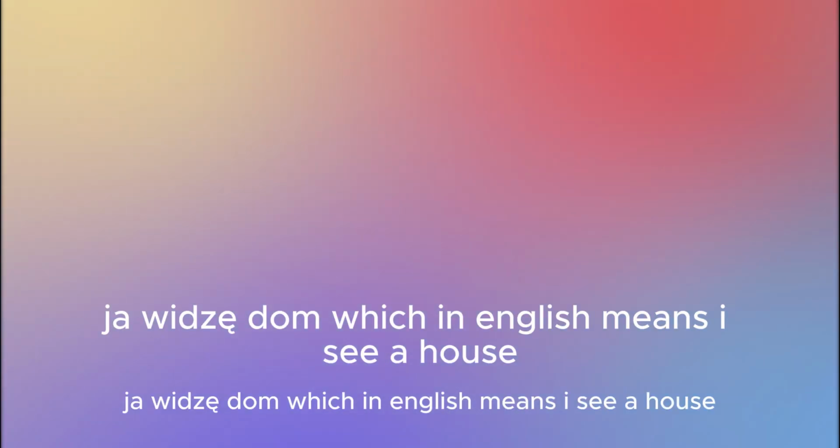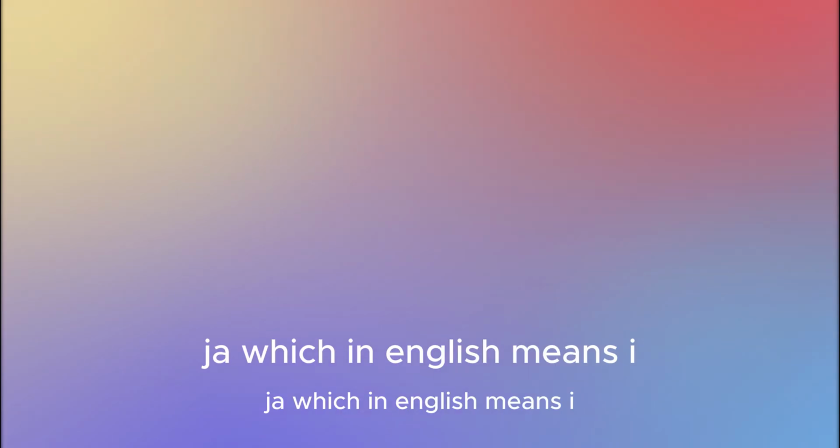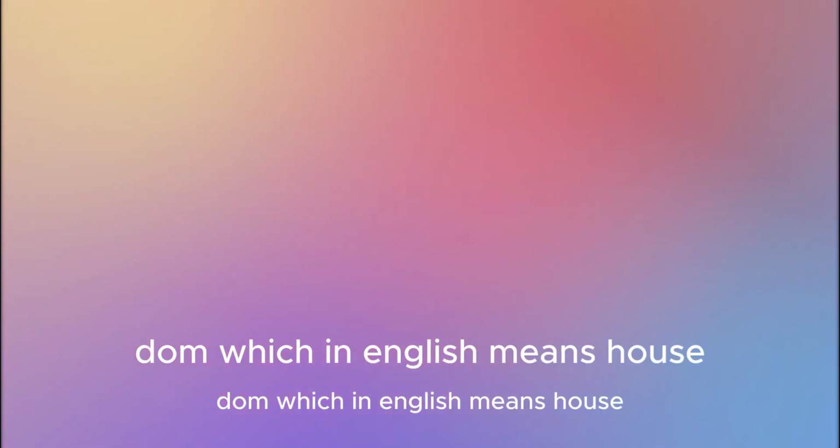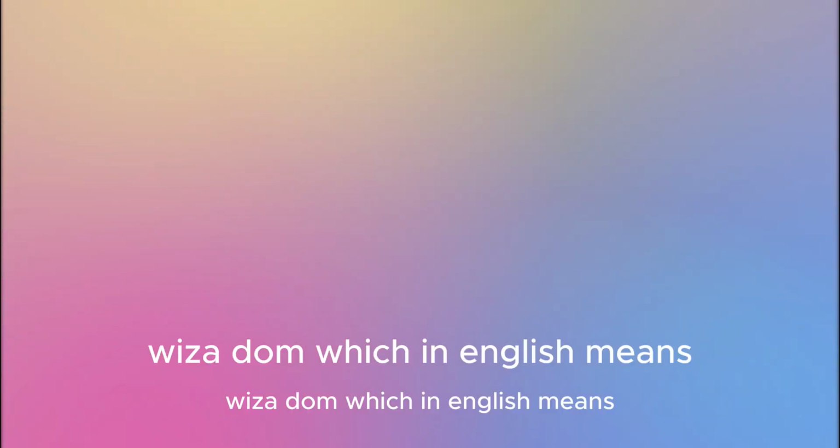Ja widzę dom, which in English means I see a house. Ja, which in English means I, widzę, which in English means see, dom, which in English means house. Again. Ja widzę dom, which in English means I see a house. Good. Now another one.